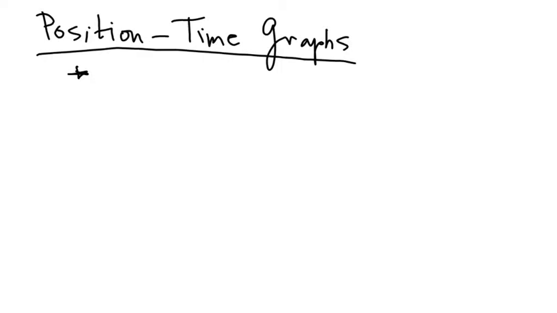So in this video, I'm going to tell you about position time graphs. By the end of this video, you should be able to look at a position time graph and decide whether something is going forwards or backwards.